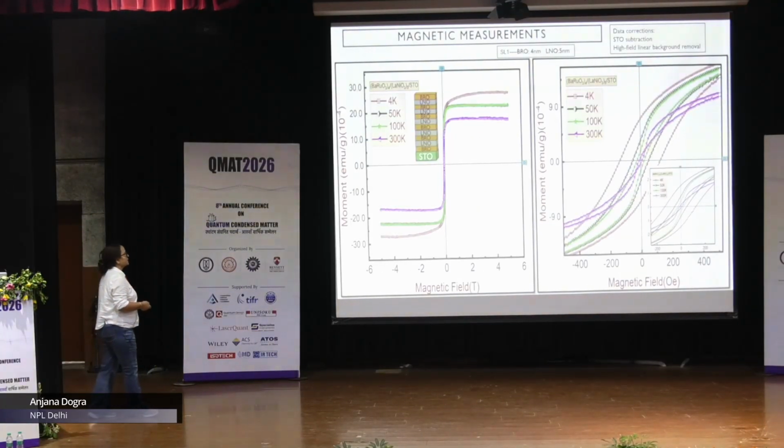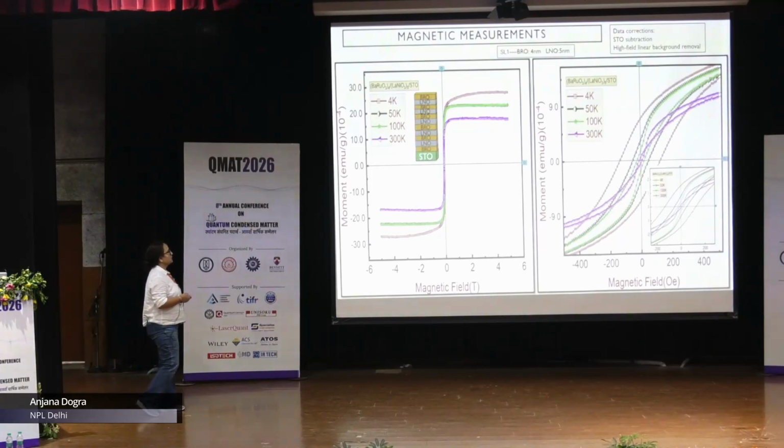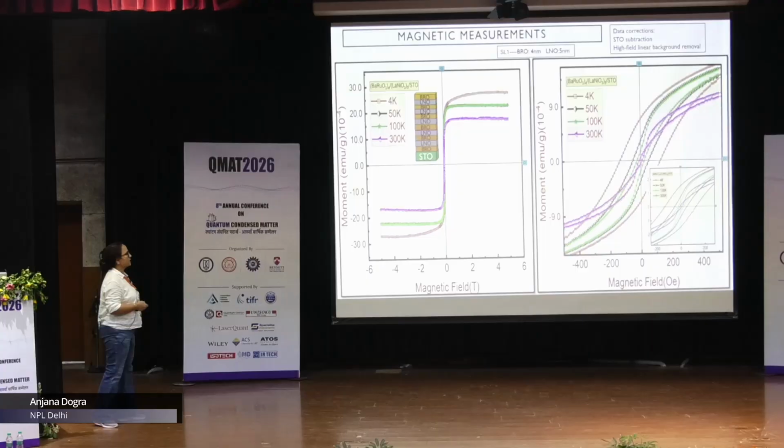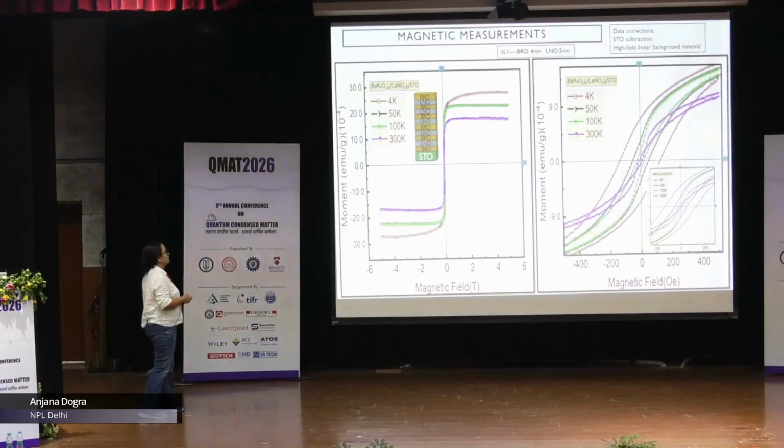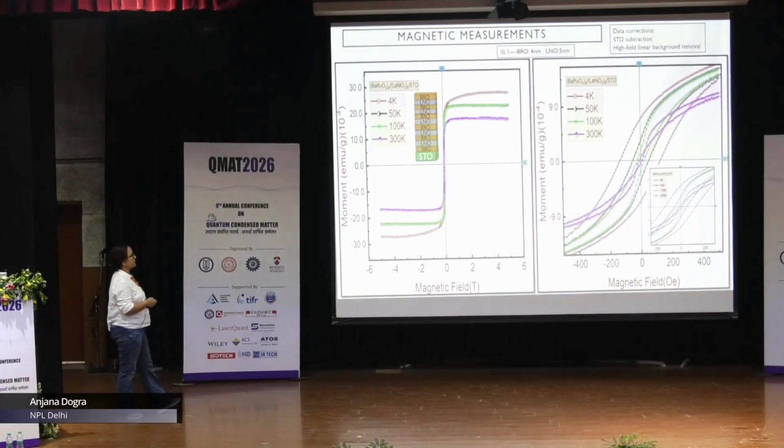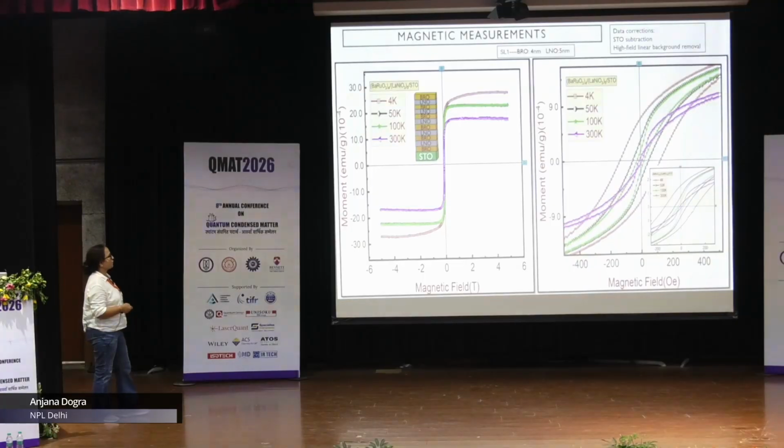Now coming to the magnetic measurements, this particular data is for BRO 4 nanometer and LNO 5 nanometer. The magnetization is measured at various temperatures from 4 Kelvin to 300 Kelvin, and we could get hysteresis at all temperatures for these superlattices.